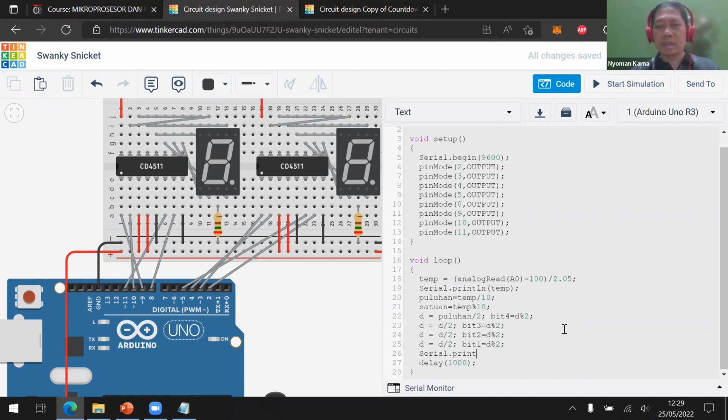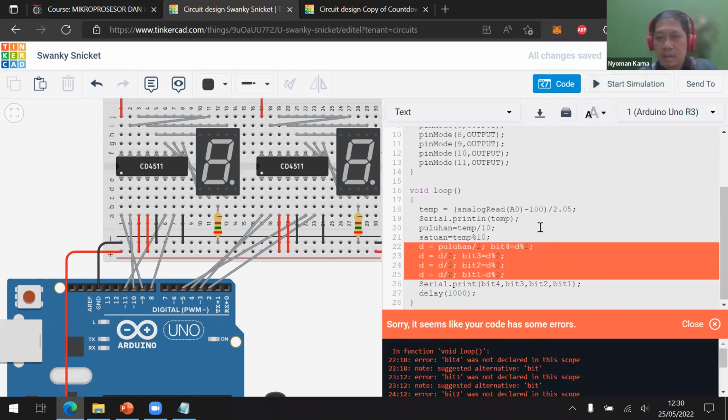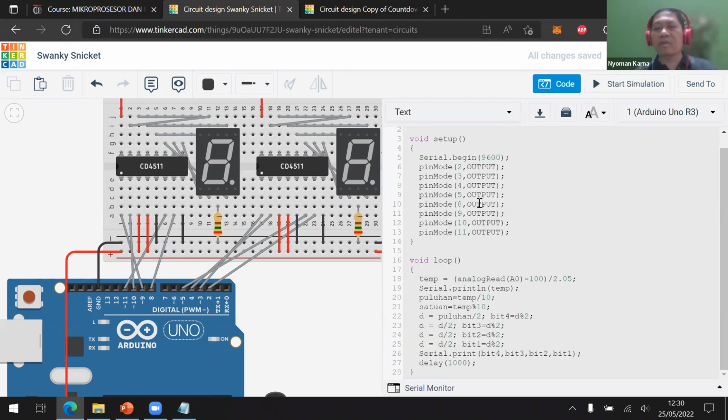Let's use serial print bit 4, bit 3. Oh, can we do something like this? Or do we need to use 4 serial prints? Just try it out. Okay, there's an error. Oh, it's not declared. Bit 4.